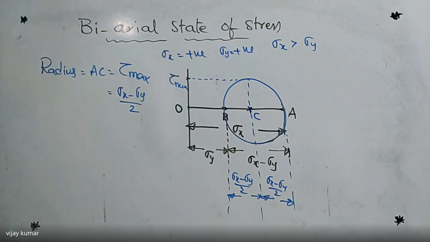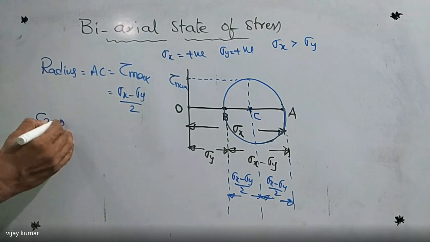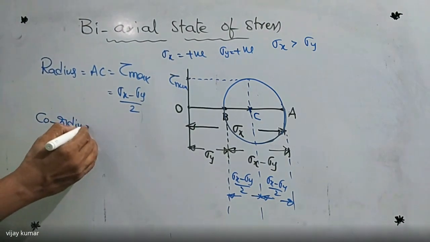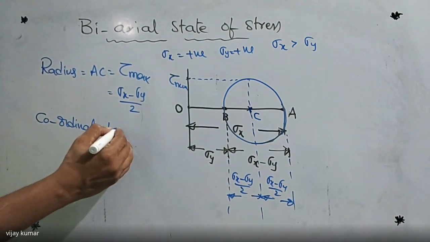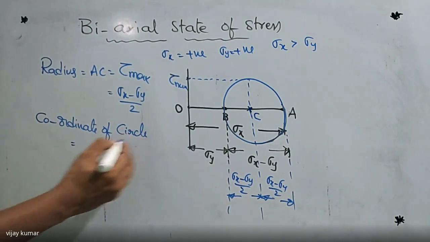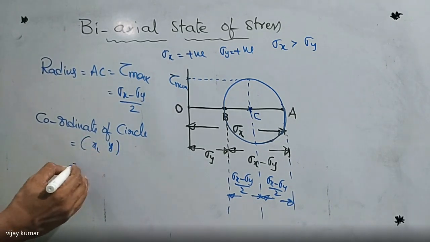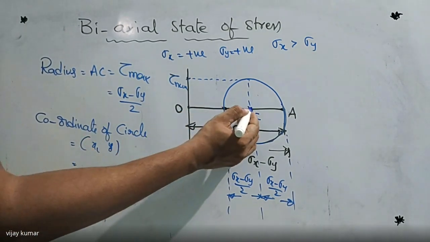Right. Now I'm going to write the second one, coordinates of the circle. Coordinates are nothing but x comma y, and this is the center.